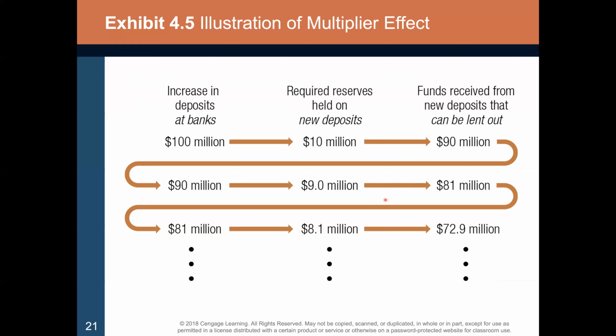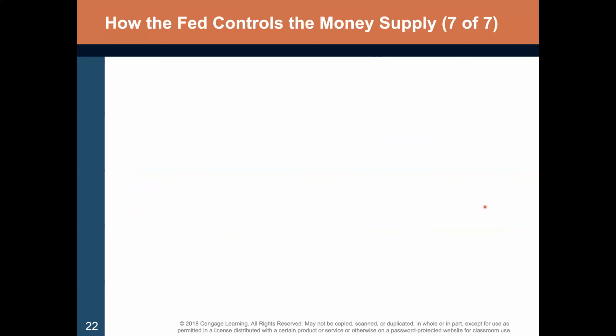This 81 million is now deposited in the bank again, which means that it could be lent out with the exception of the reserve requirement of 10%, which is 8.1 million. Then they can lend out 72.9 million, and it goes on and on. So this is what we call the multiplier effect. These funds are deposited and lent out, deposited and lent out over and over again.